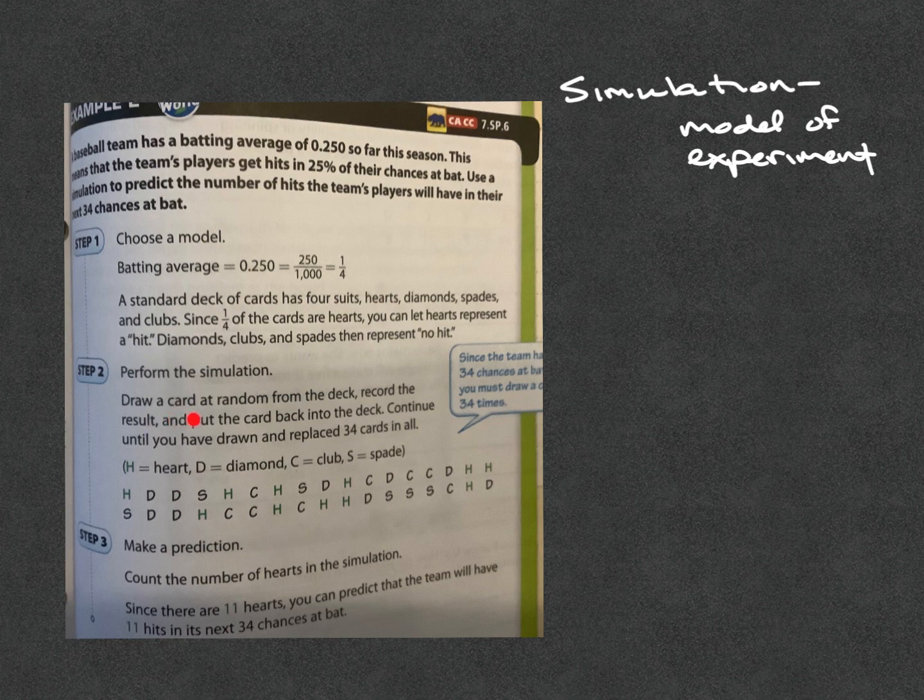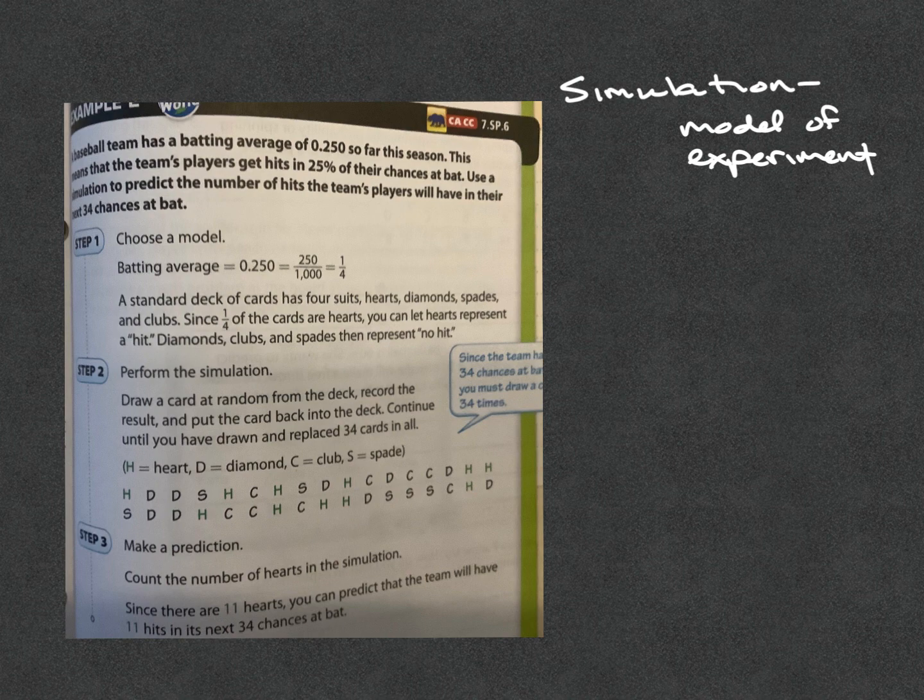So they simulated it. They drew a card at random from the deck, recorded the result, put the card back into the deck, and continued until they had drawn and replaced 34 cards in all. 1, 2, 3, 4, 5, 6, 7, 8, 9, 10, 11 out of the 34 times were hearts in their simulation.